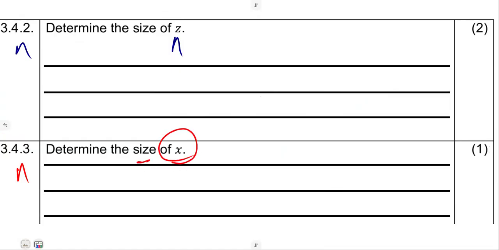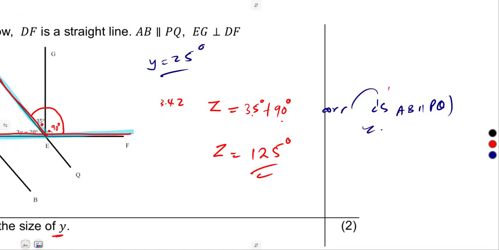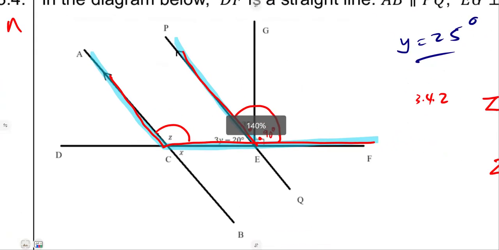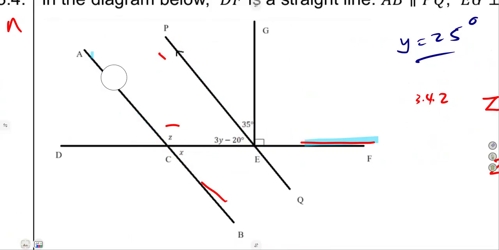All right, so X in this case, we can see that our X here, that's our X. Remember, we determined Z. So to find X, there are so many ways. We can even use alternate angles. So many ways, guys. As we can see, we are forming a Z with alternate angles.